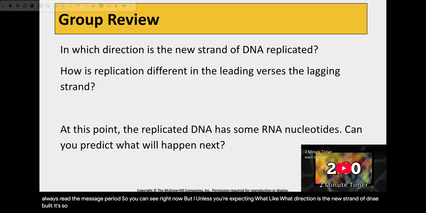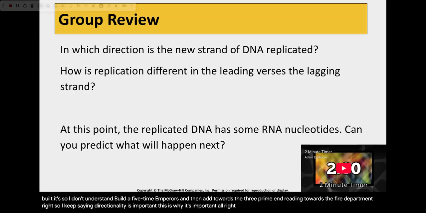Yes, it builds the 5' end first, and then adds towards the 3' end, even though it reads the 3' end, reading towards the 5' end. So I keep saying directionality is important. This is why it's important. All right, so then, because of that directionality, how is replication different in the leading versus the lagging strand?